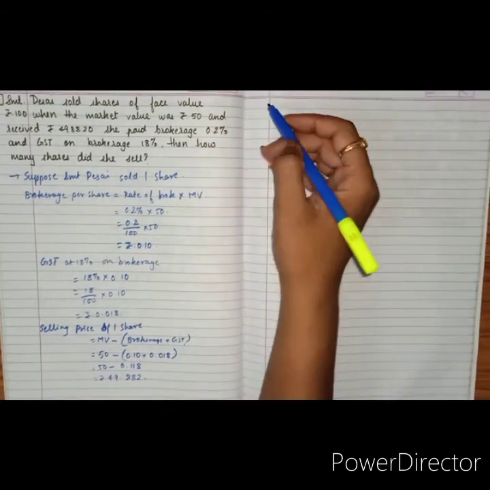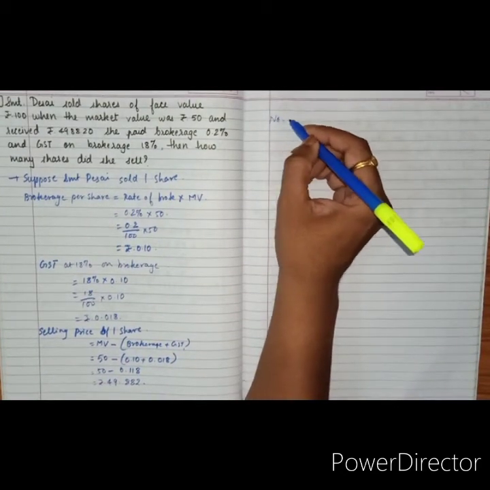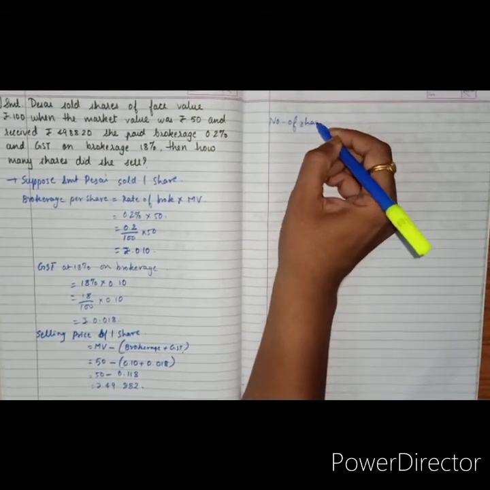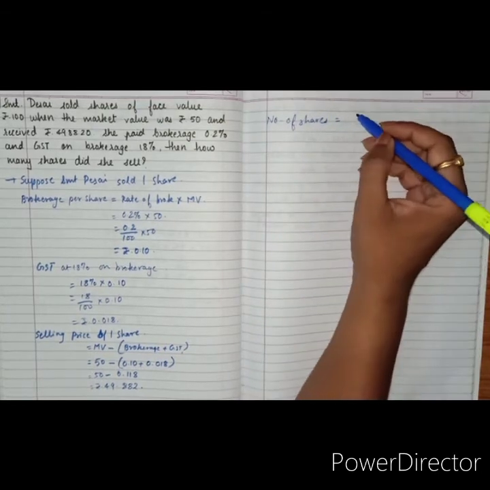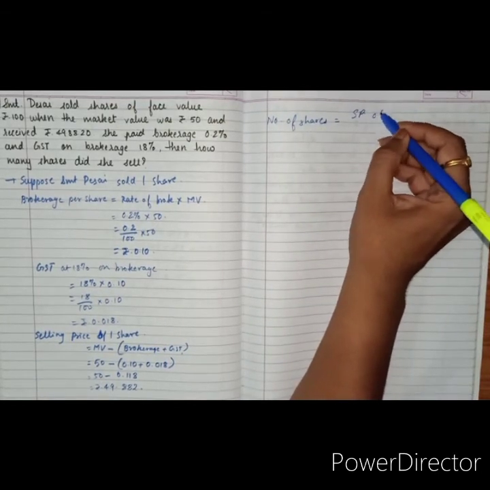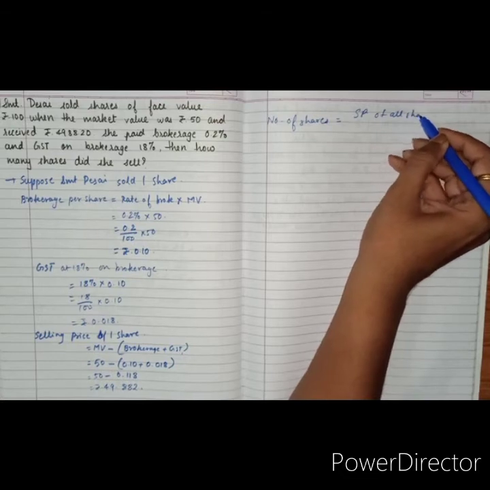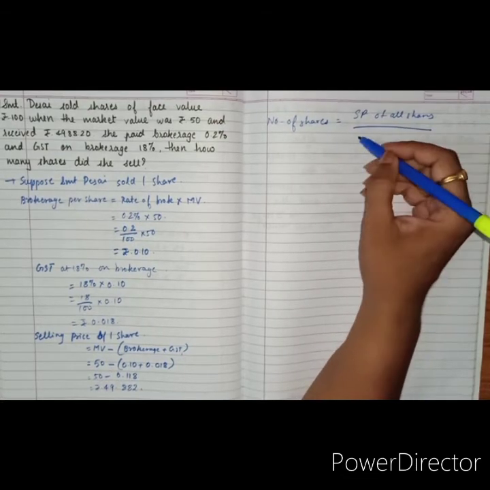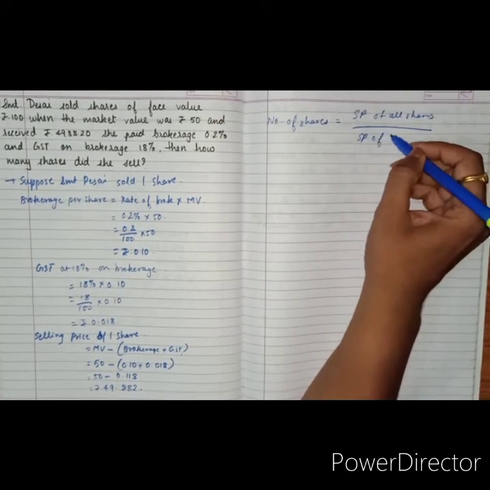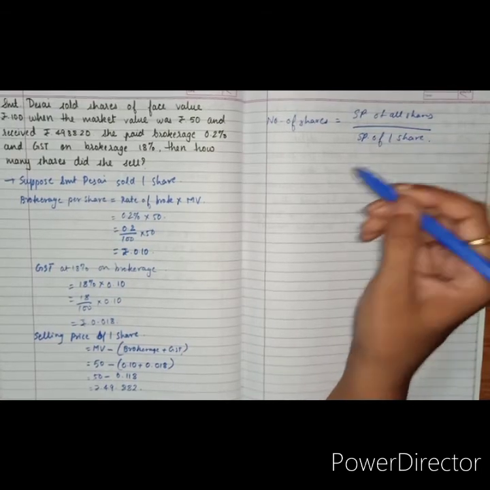Now how do you calculate the number of shares? Number of shares will be equal to the selling price of all shares, which is given to us, divided by the selling price of one share, which we have calculated.